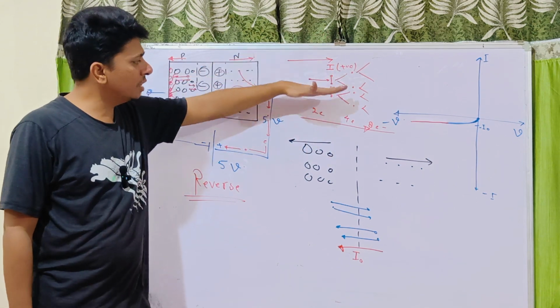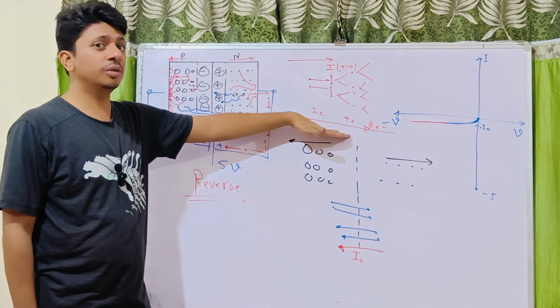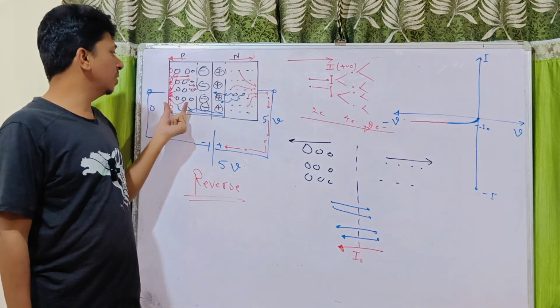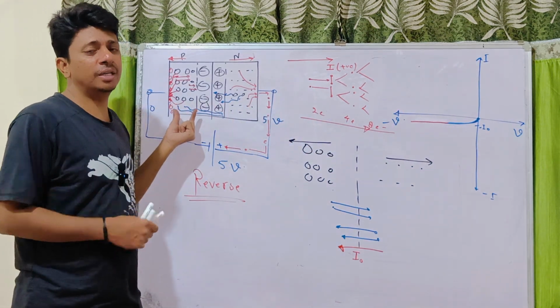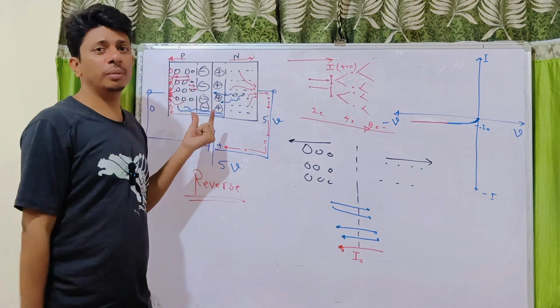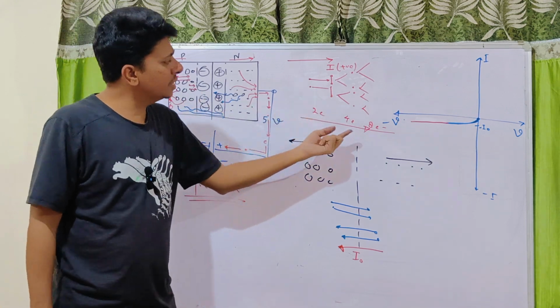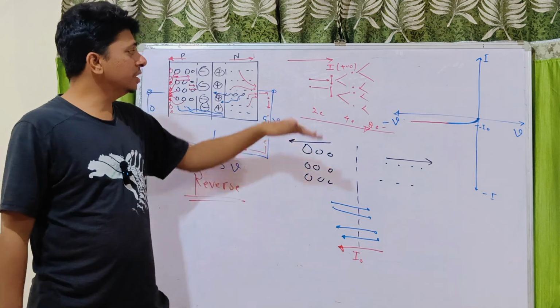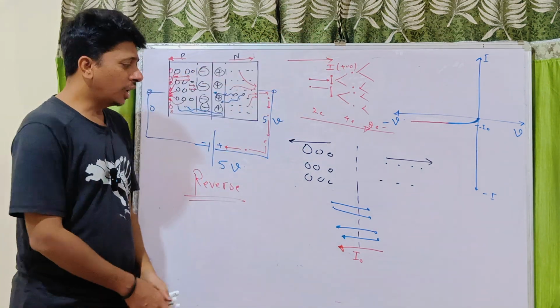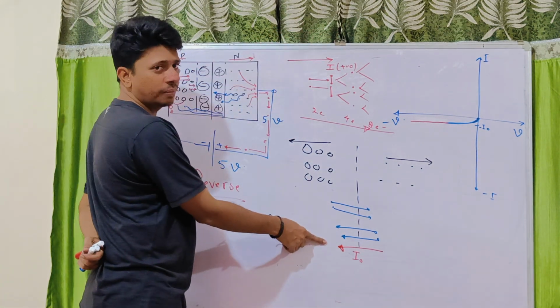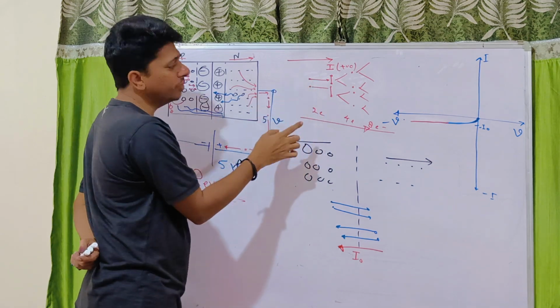Because of this large number of electrons generated due to breaking of covalent bonds, because sufficient energy is gained by this electron while moving, it breaks so many covalent bonds, and this is called avalanche breakdown. Earlier the current was not changing, but if this process occurs, what will happen?